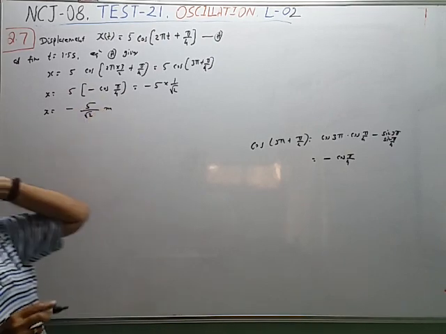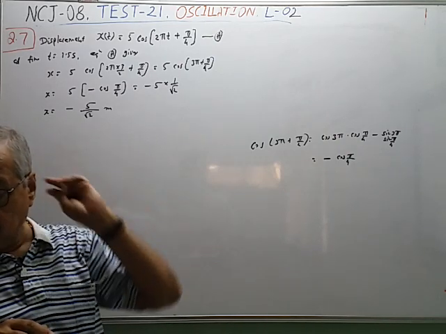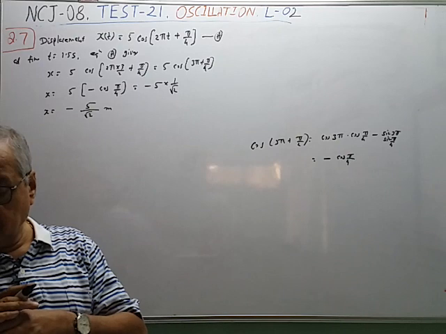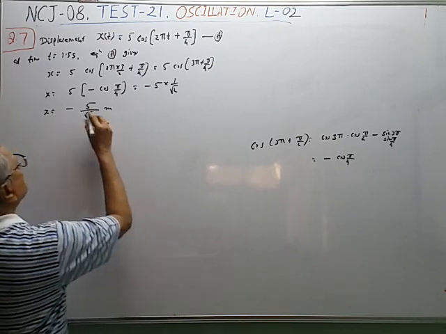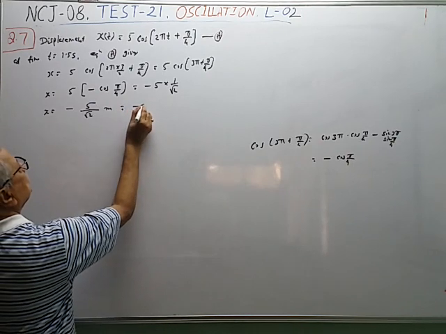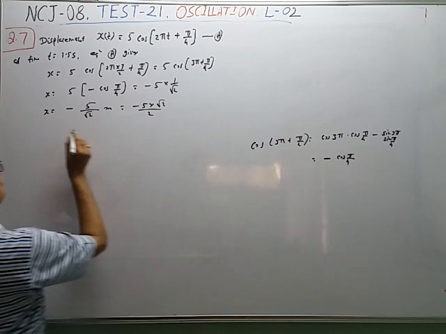MK system we are using. So this is equal to minus 5 multiplied by root 2 upon 2 meter.